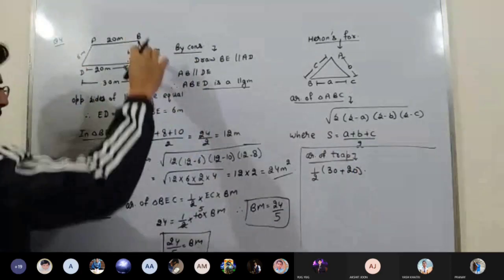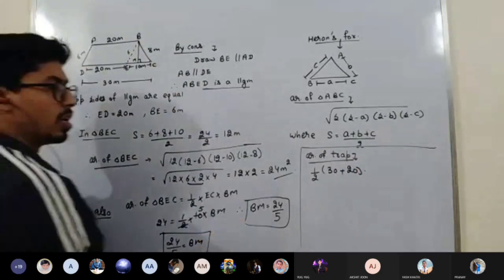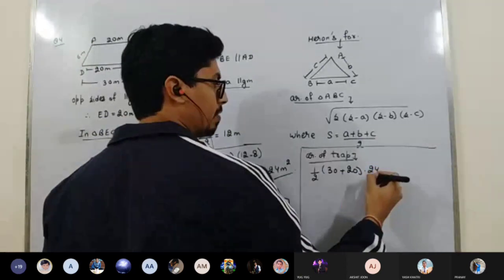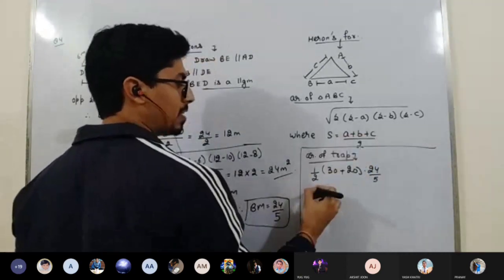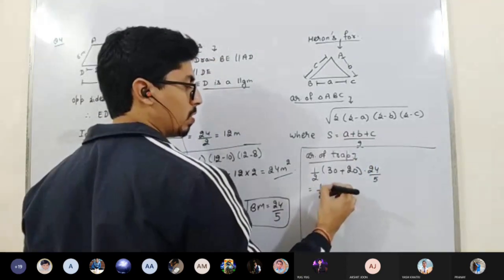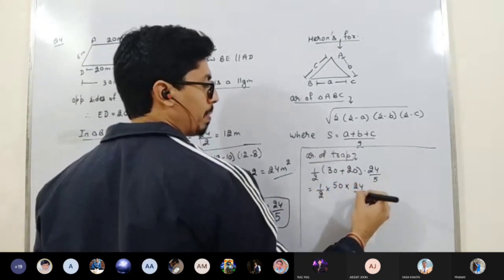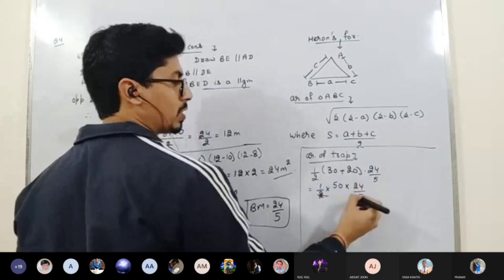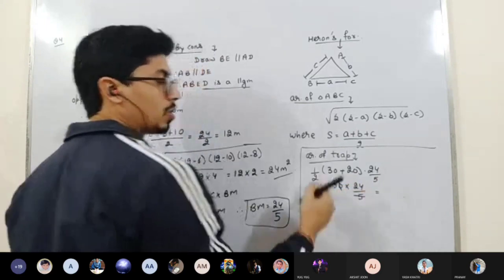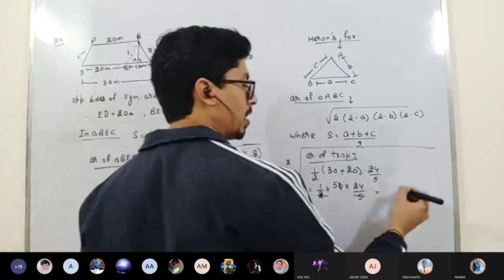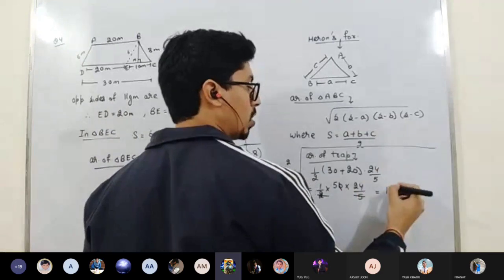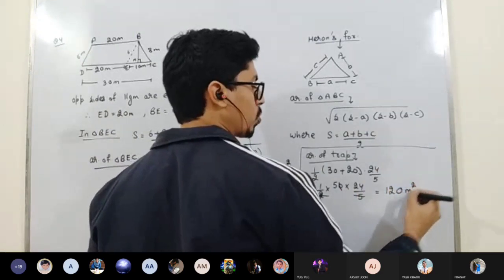Altitude is BM, and BM we have already found out as 24 by 5. Now if I just solve this, it will be 1 by 2 into 50 into 24 by 5. So 5 into 10, this 0 will be cancelled out. So if I just multiply 5 by 24, it is 120 meters square.